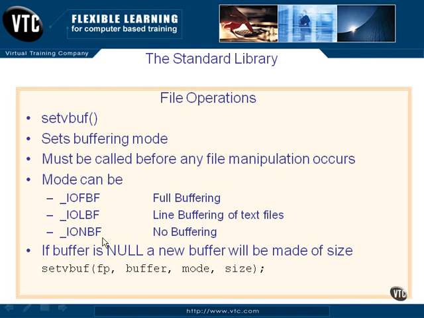There will not be any buffers created for the file. If buffer is null, then a new buffer will be created of this size, however large this is. If you pass it a pointer to your file buffer, that's where the file buffer will be located. If you don't give it a pointer, say it's null, it will create a new one for you.